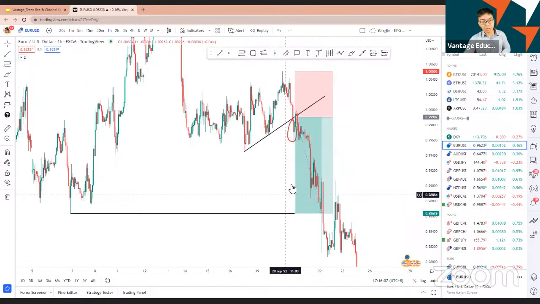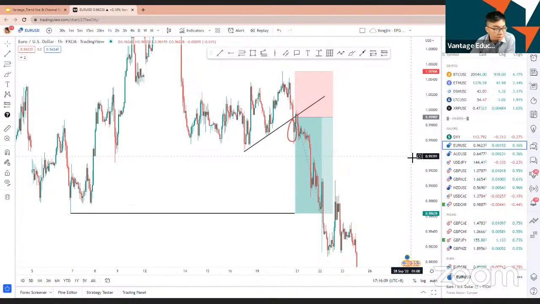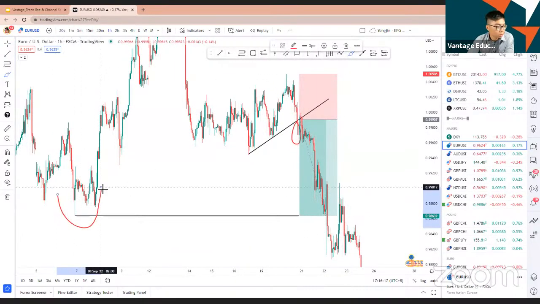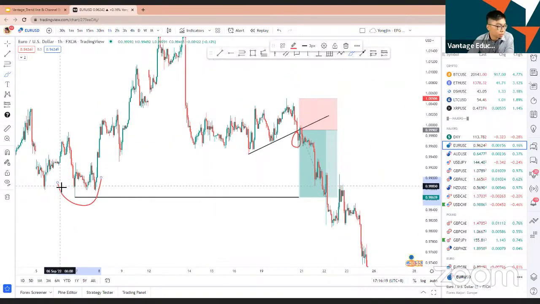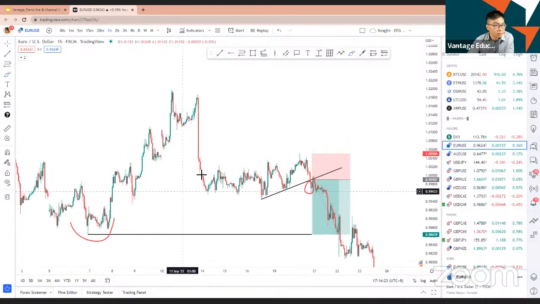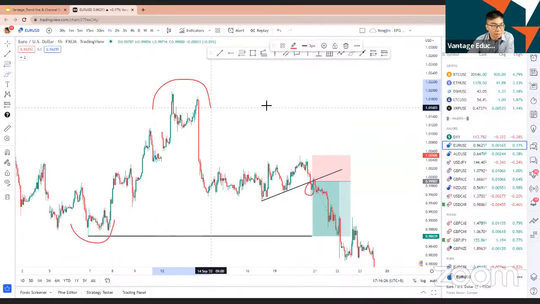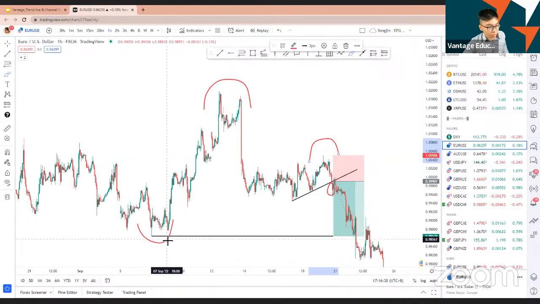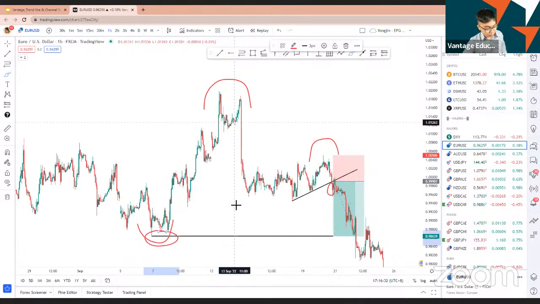If you are taking such a trade, do remember to take some partial profits, or have your take profit below a previous swing low. This is a swing low, and this is a swing high. This is a minor swing high. So we actually create the swing low.